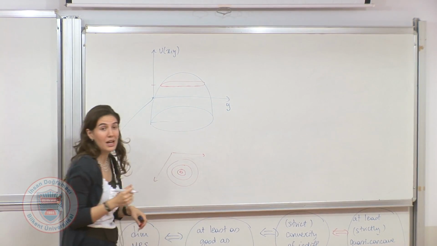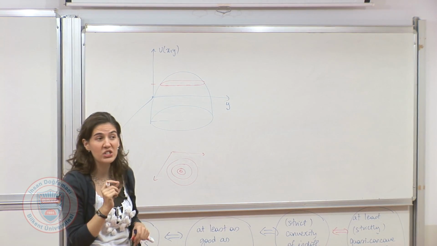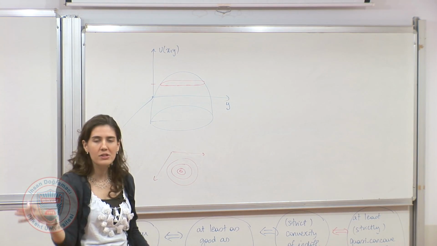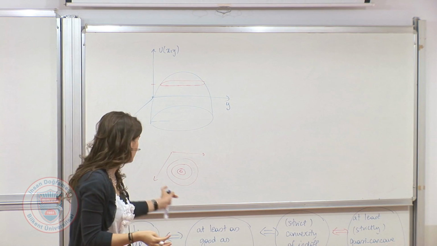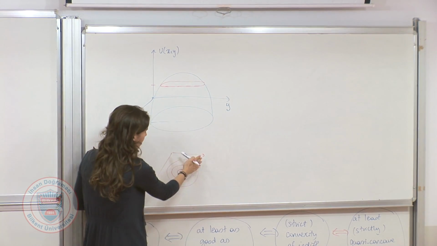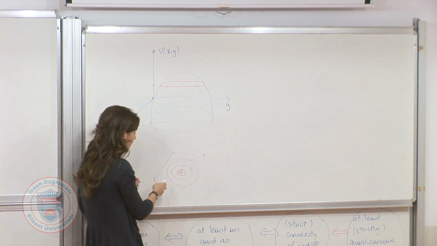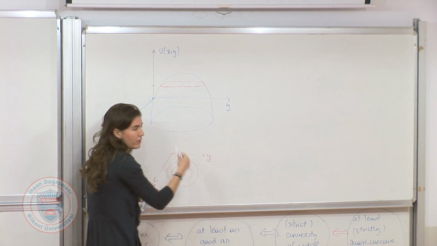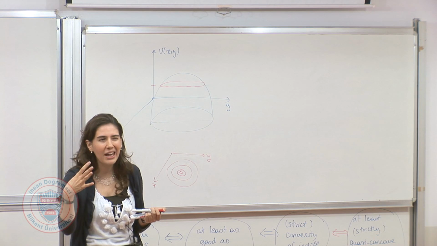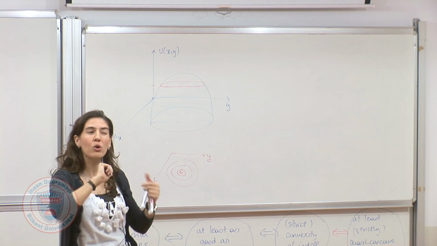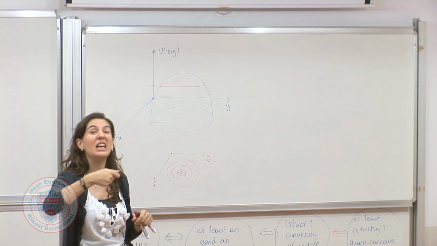Here we say that the utility function is concave, okay? If it's concave, we have these nice indifference curves, and remember we get rid of the top because more is better. But we said that concavity is too much. It's okay for us if it's concave-ish.